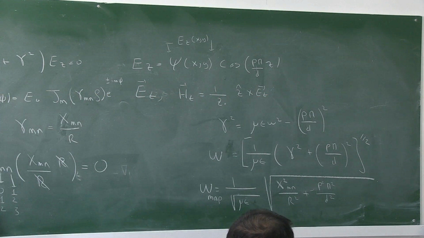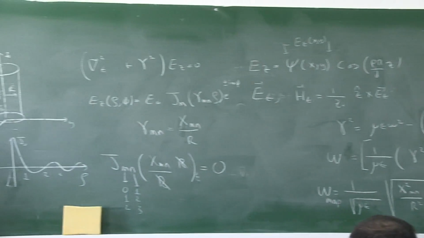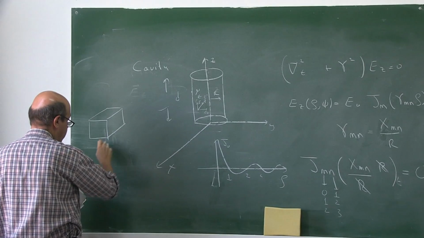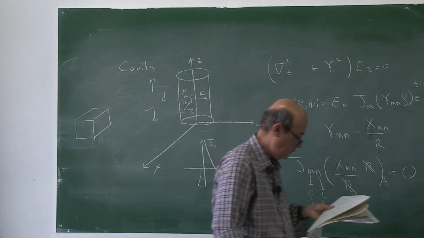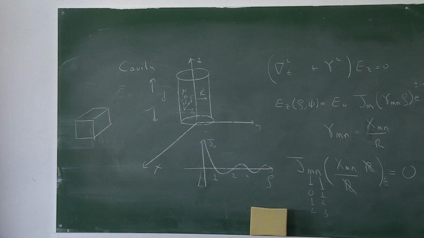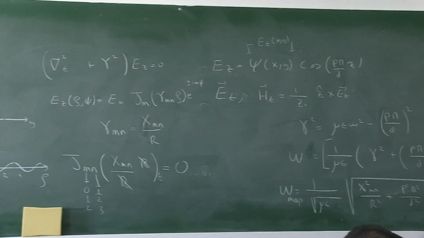The best example you can study is the possible resonant frequencies in the cubic cavity. But one of the things I should tell you is that this frequency, if you choose anything, depends on what?